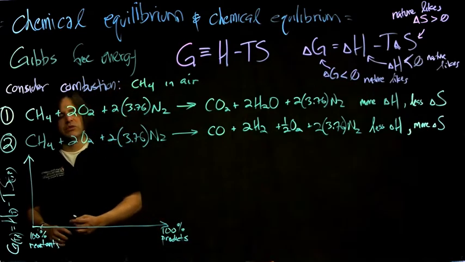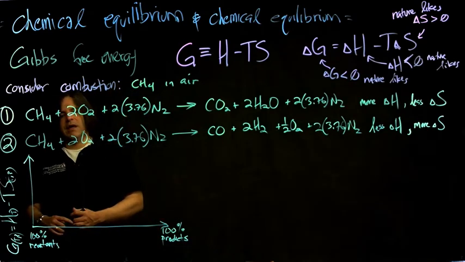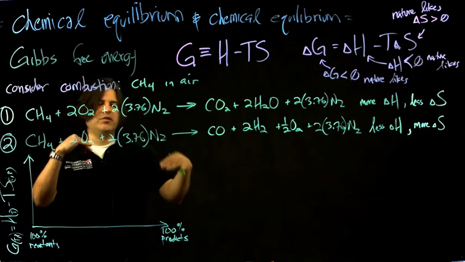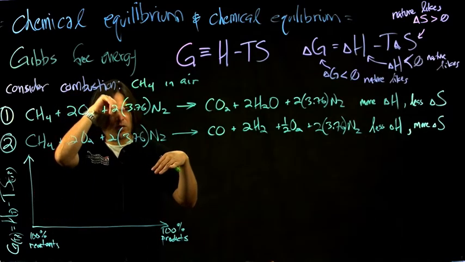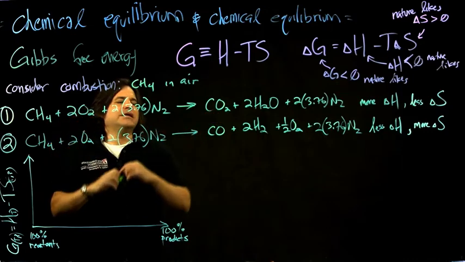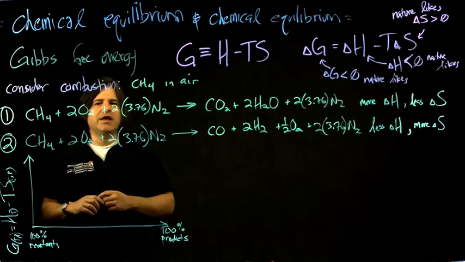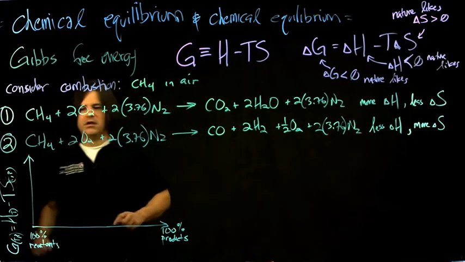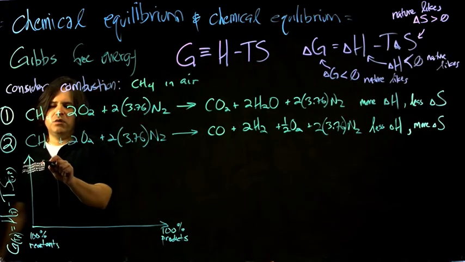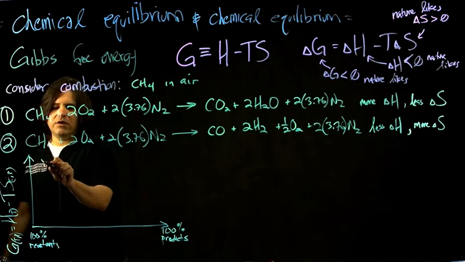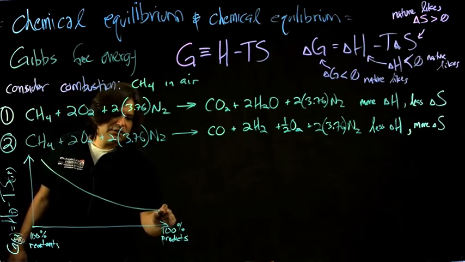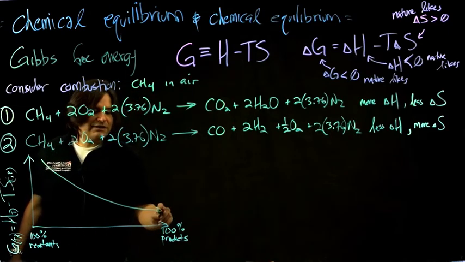So you can do this with any reaction. And for the combustion reaction, it's exothermic, meaning that the enthalpy of the bonds of the products of CO2 and water is less than what you started with. So it would be some progression going down from high enthalpy at your 100% reactants to, if you go to the full products, you'll have less enthalpy at the end.